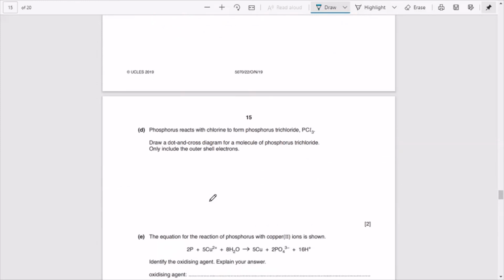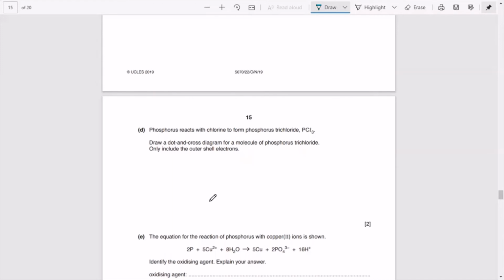Part B, phosphorus reacts with chlorine to form phosphorus trichloride, PCl3. Draw a dot and cross diagram for a molecule of phosphorus trichloride. Only include the outer shell electrons. I have been doing these kinds of questions a lot in my previous videos as well.